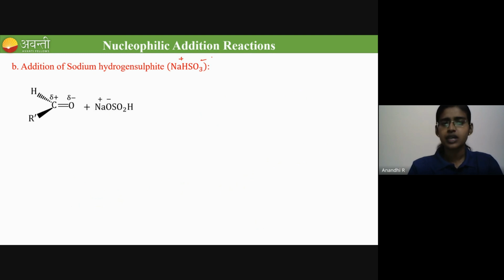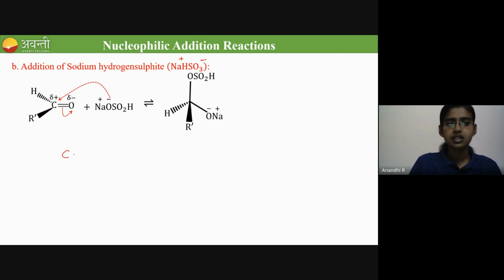You can see here NaOSO2H, which is nothing but sodium hydrogen sulfite. The negative part goes to the carbon and the positive part goes to the oxygen. In C=O, we break this bond, adding the positive part to oxygen and the negative part, HSO3 minus, to carbon. So adding this, we are getting the adduct.